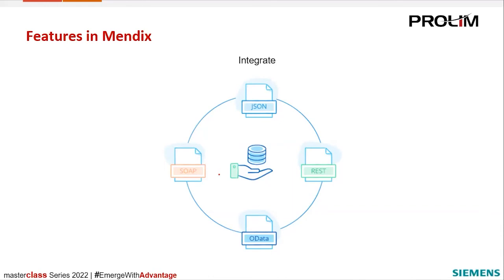We can go for REST API, database connectivity, Oracle, SQL, etc. We can also attach IoT, meaning any sensor, and we can retrieve the data from there and manipulate it in Mendix. That is what integration does in Mendix.